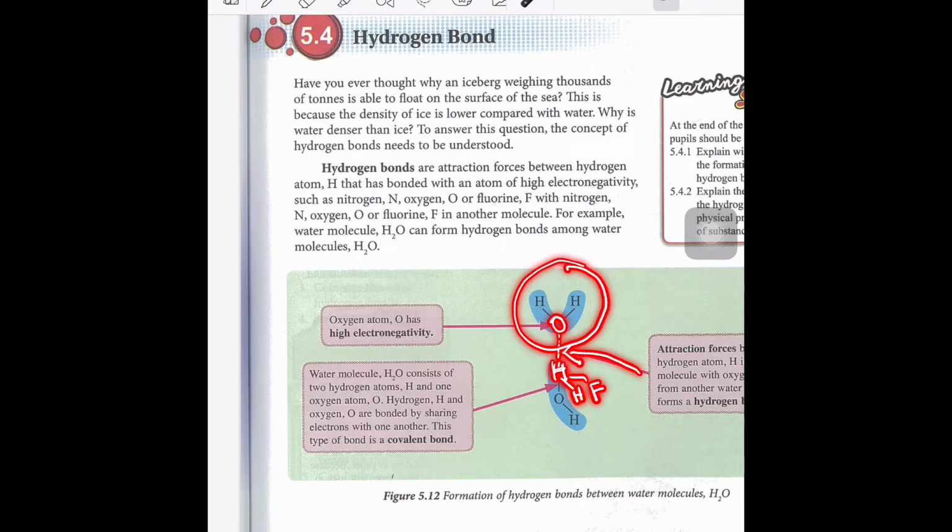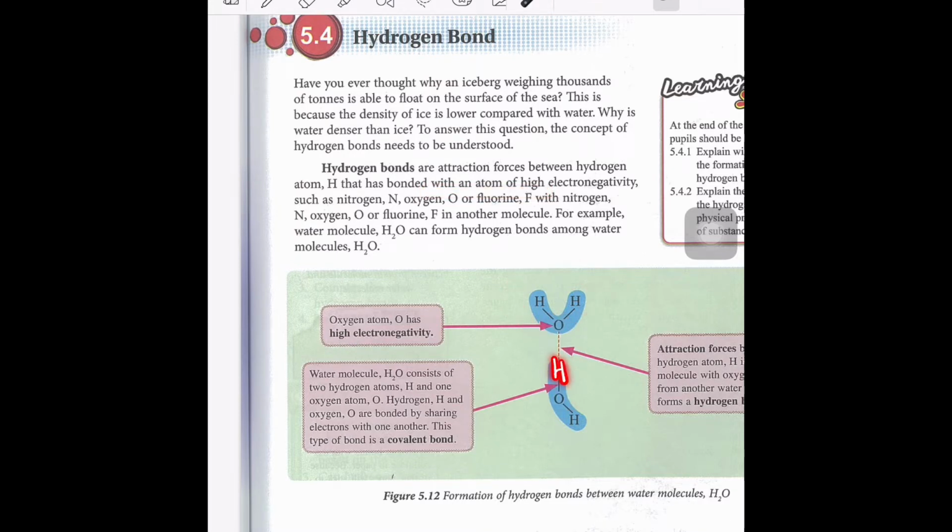Itulah attraction force. So I repeat myself one more time. Hydrogen bonds are attraction forces between hydrogen that has bonded with an atom, ini sudah bond dengan O, atom O. Dan apabila kamu nampak, this one forms a bond with another atom with high electronegativity in another molecule.